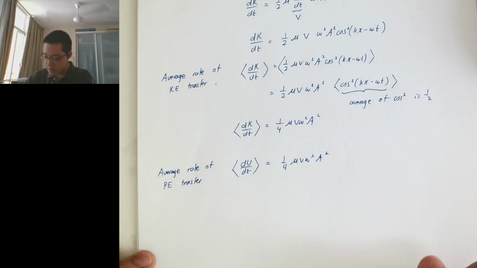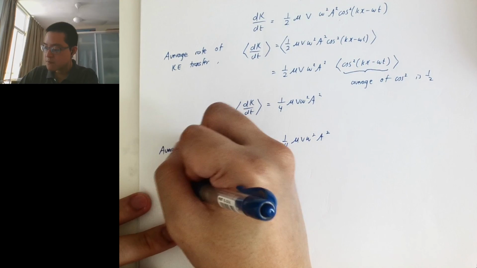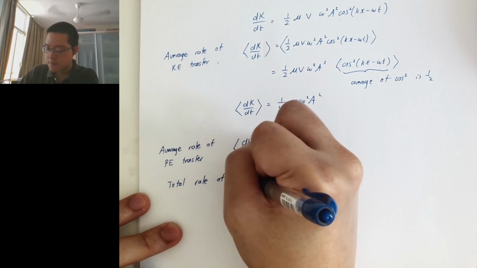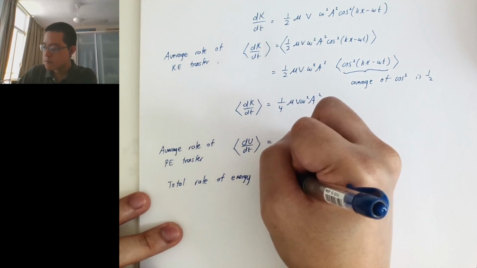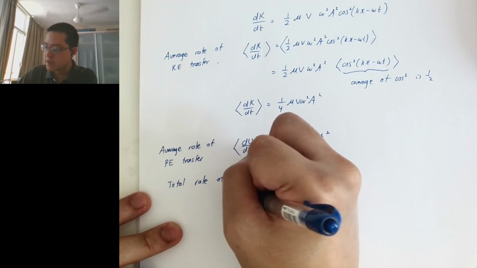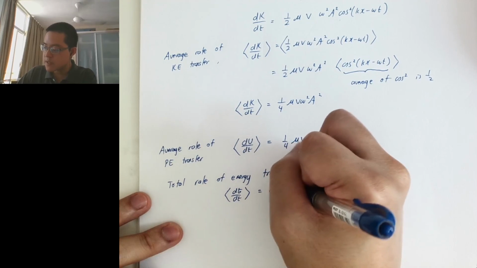So the total rate of energy transfer is dE/dt, equal to the kinetic energy.